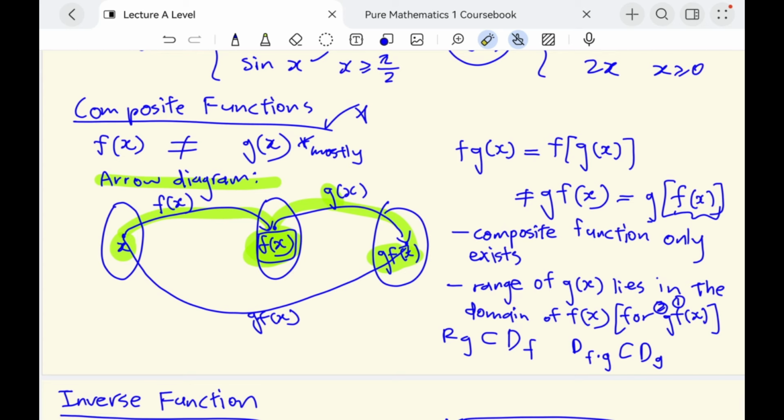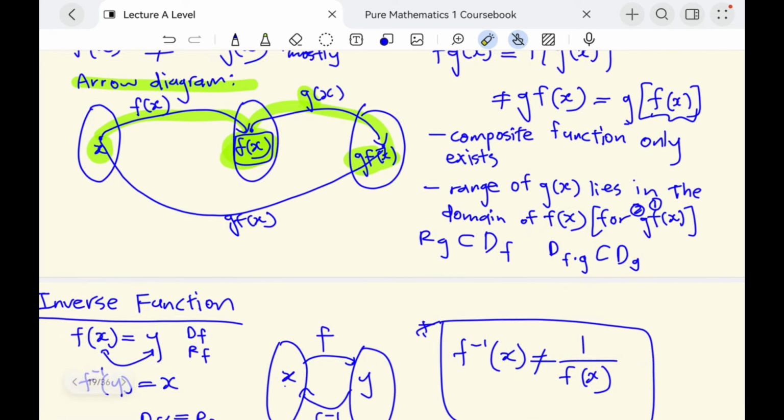That means the range of the quadratic function must lie within the domain of the trigonometric function, something like that. Okay, for this gfx, that means the range of the second function needs to lie in the domain of the first function, technically.